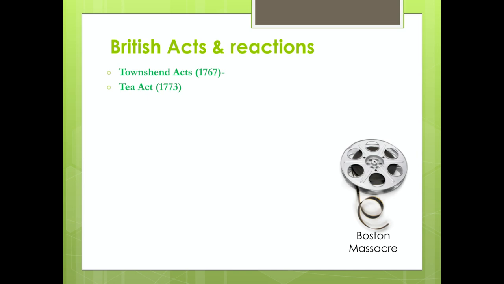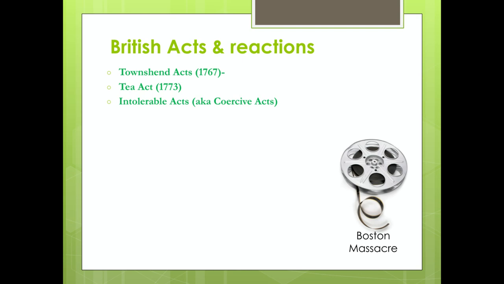Great Britain has a monopoly on tea sales, and they decide to tax it because they're pretty much the only ones that are selling tea to the colony. So the colonies respond back by doing the Boston Tea Party. Some of the Sons of Liberty are going to dress up as Indians and dump tea into the Boston Harbor.